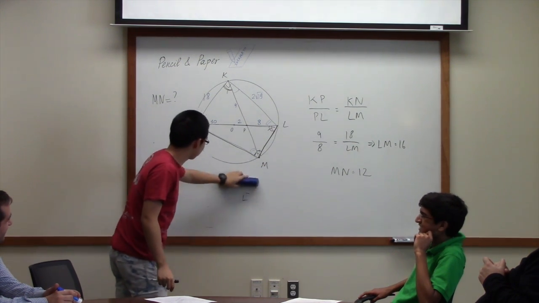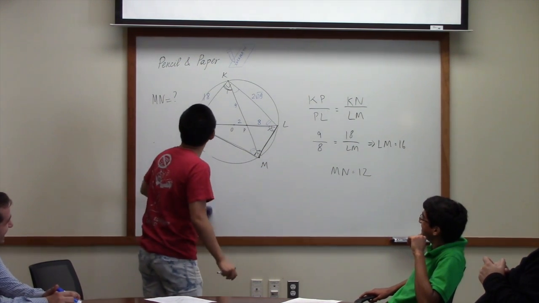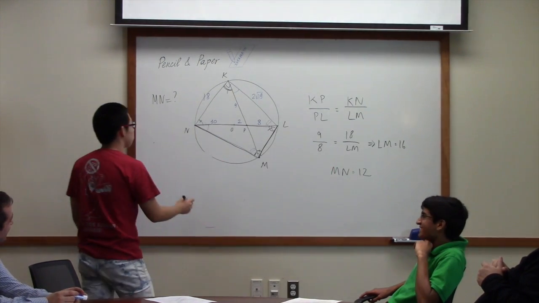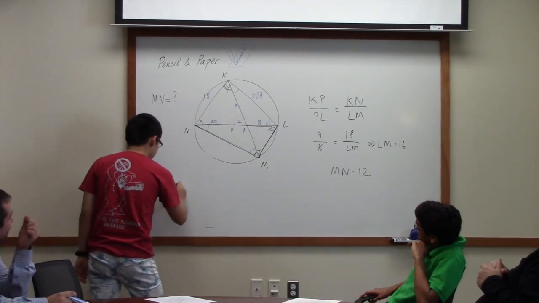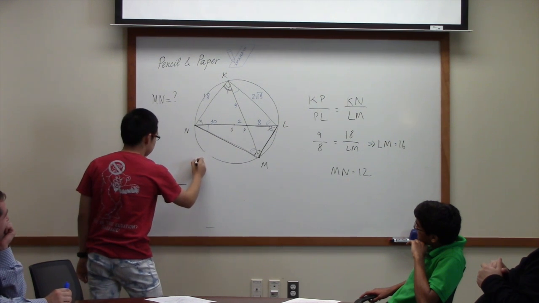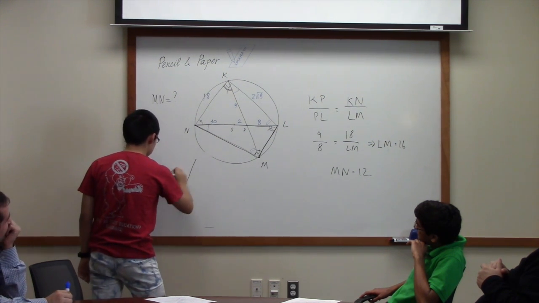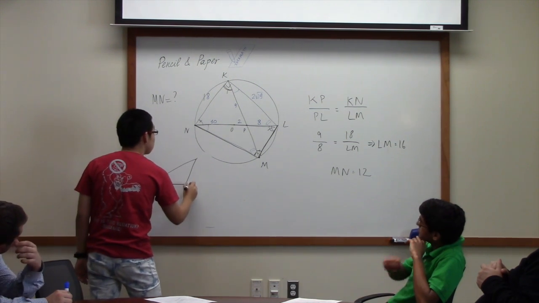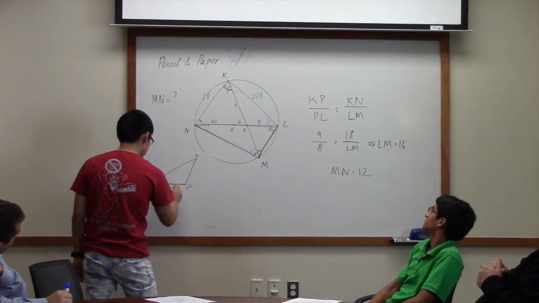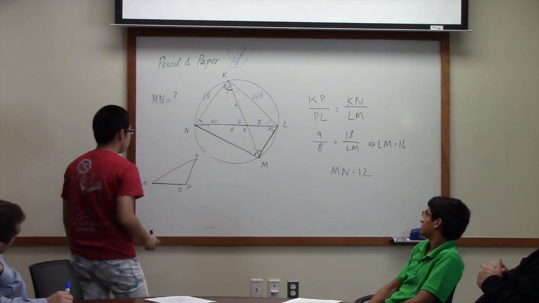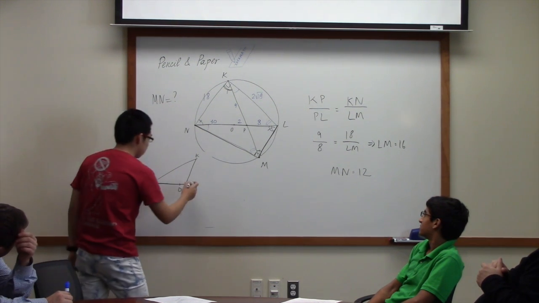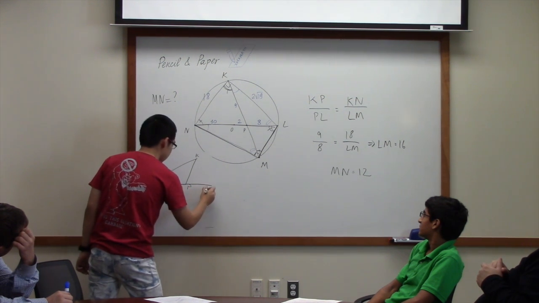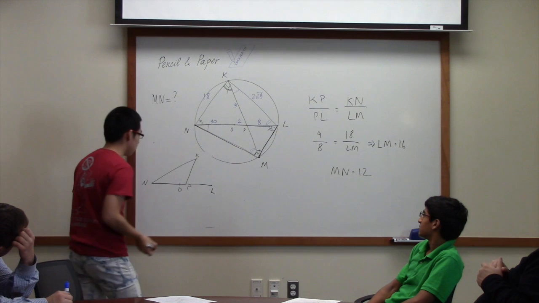Okay, so we draw a 3, 4, 6 triangle, 4, something like 3 like this, 6 like this, and then we need to extend this by 8 to point L.